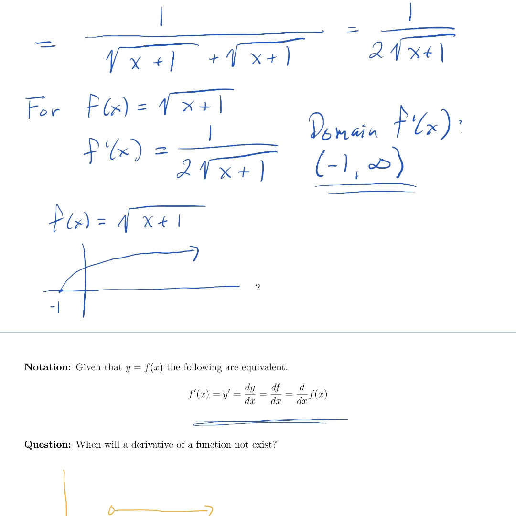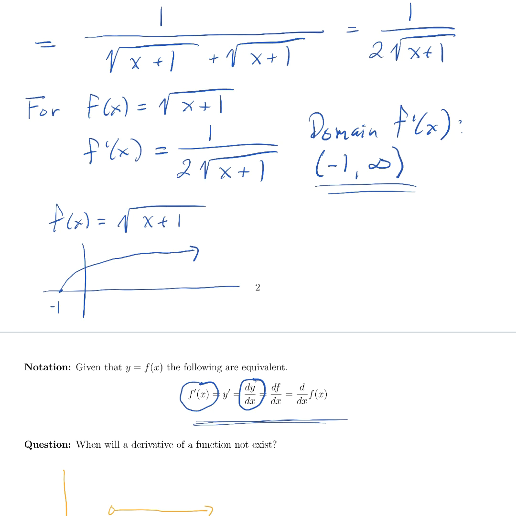So there's 5 different ways to write the same idea. I'll try to stick with f prime of x and dy dx as the two notations that I use most often. When we start thinking about implicit differentiation down the road, we may rely on y prime.